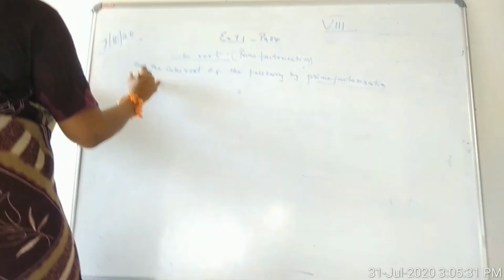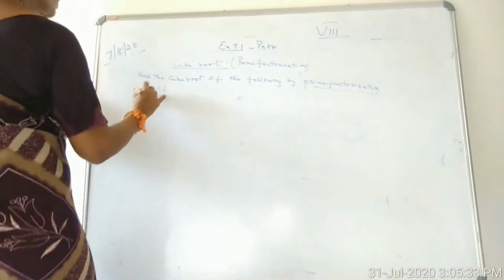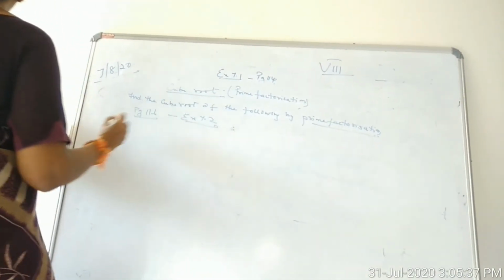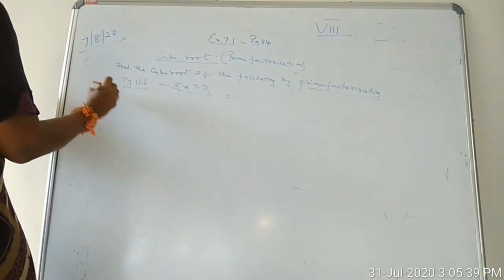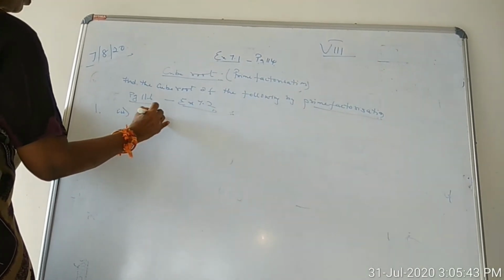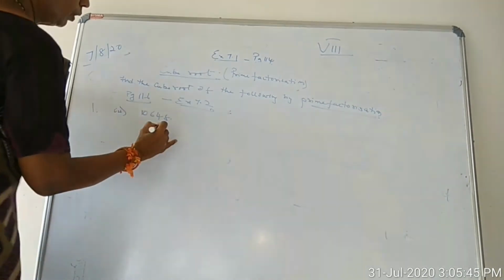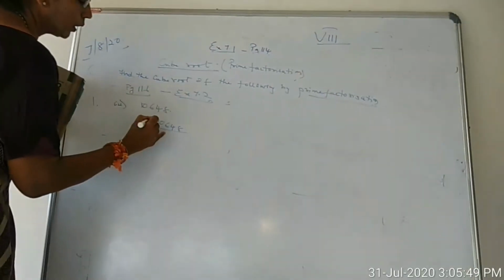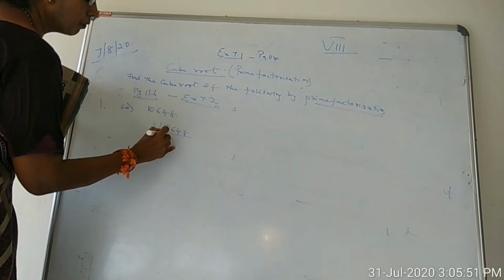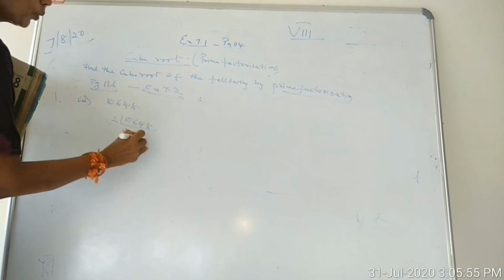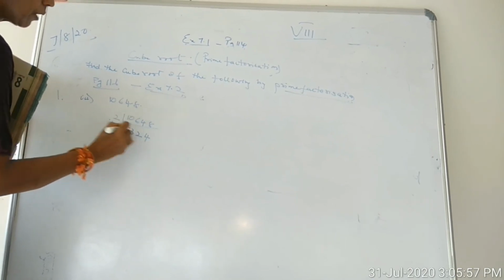Yes. Page number 116, exercise 7.2. Roman number 1, I am doing the third bit, 10648. No other method, children, except resolving. 2 divides 10 5 times, 6 3 times, 4 2 times, 8 4 times.